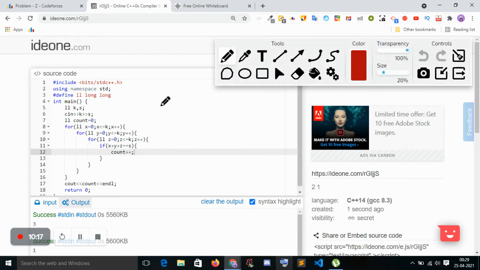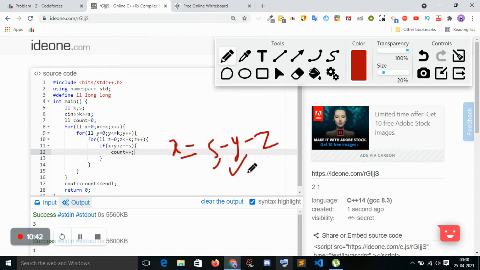So how do I reduce it? I know that x plus y plus z equals s, so can I write x equal to s minus y minus z? I know what s is.